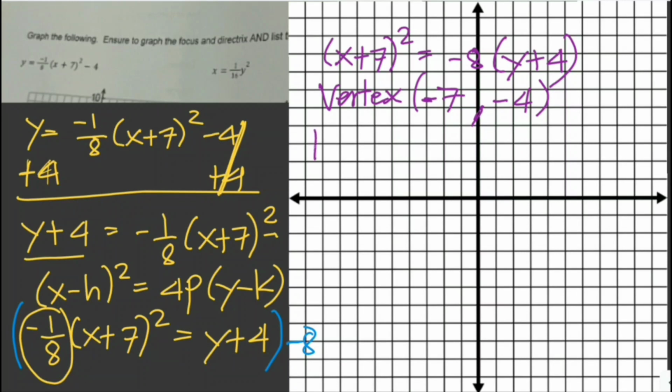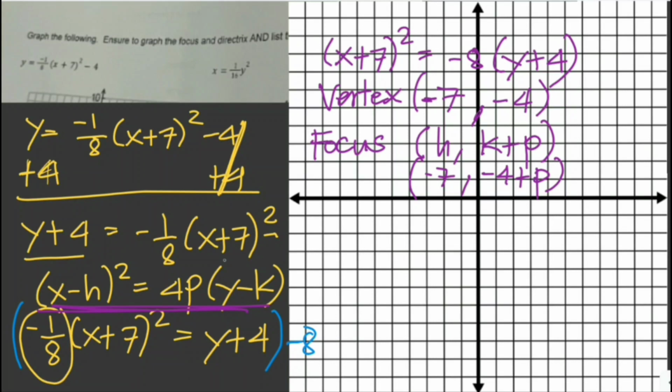Now to find the focus of this parabola, since our equation is in the form (x minus h) squared equals 4p (y minus k), the focus would be (h, k plus p). We already knew our h, which is negative 7, and our k is negative 4, so this is negative 4 plus p.